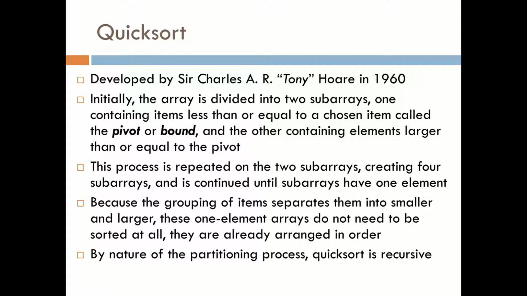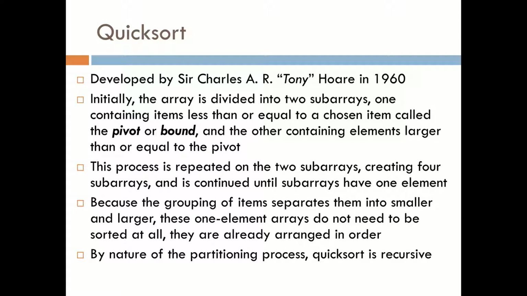We will pick an item called the pivot or the bound. Pivot is the more common term, at least in U.S. textbooks, and so we will pick that pivot, and then we will move array items around to place them with respect to the pivot.